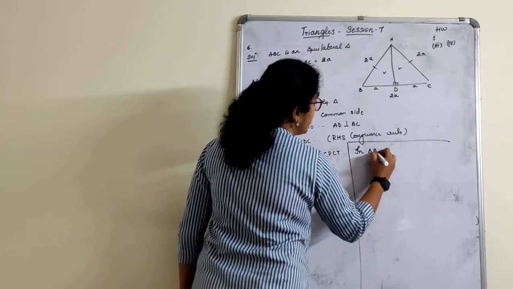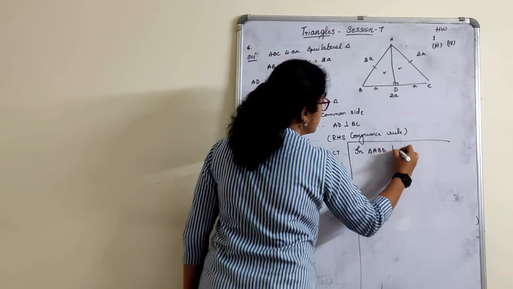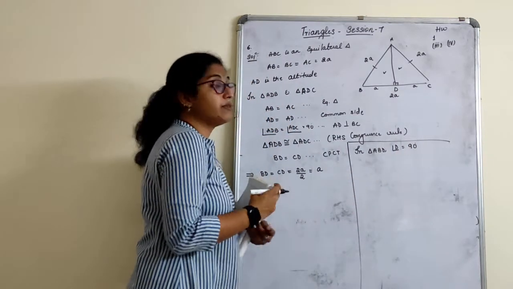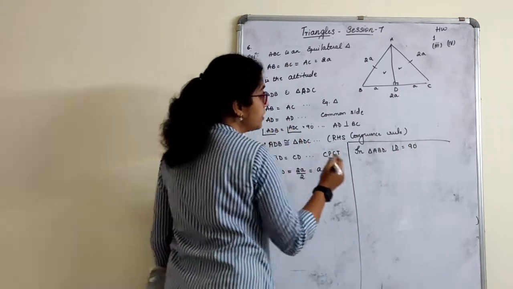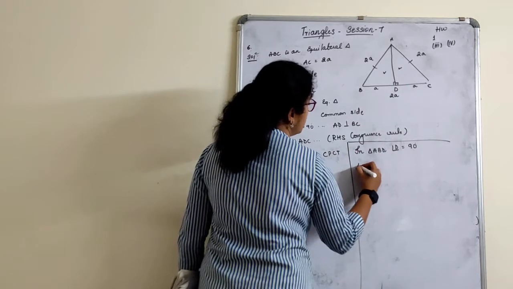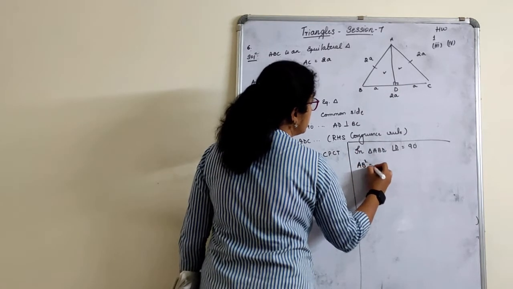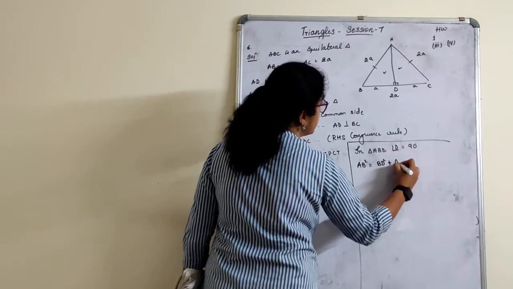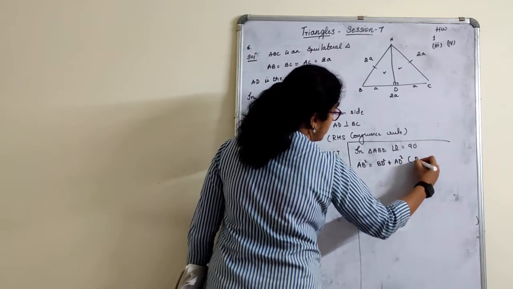In triangle ABD, angle D is equal to 90. I have always told you, to use Pythagoras, we have to always mention the 90 degree, whichever triangle it is. So, AB square is equal to BD square plus AD square. Pythagoras theorem.